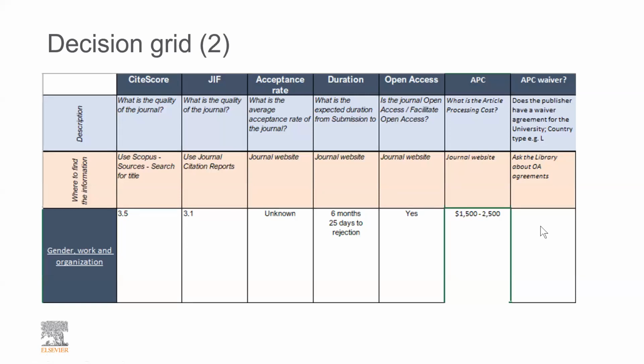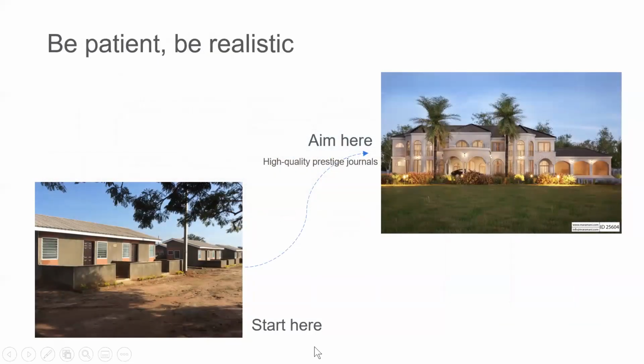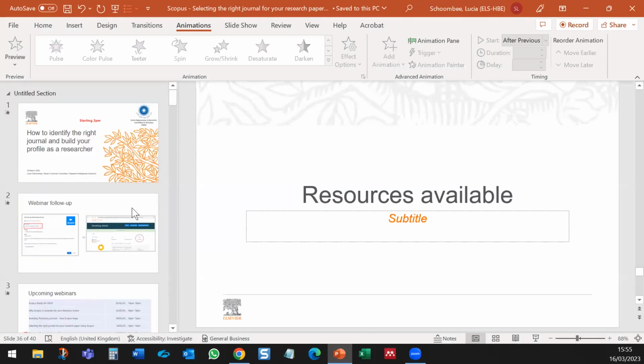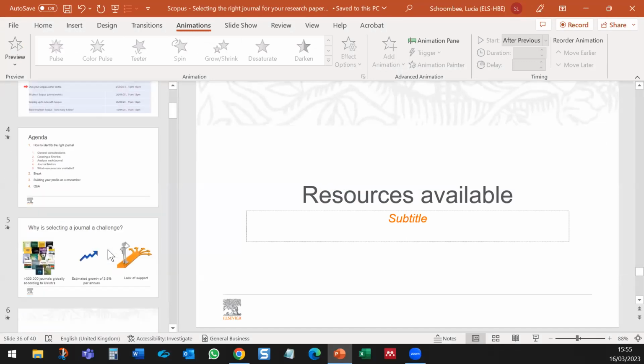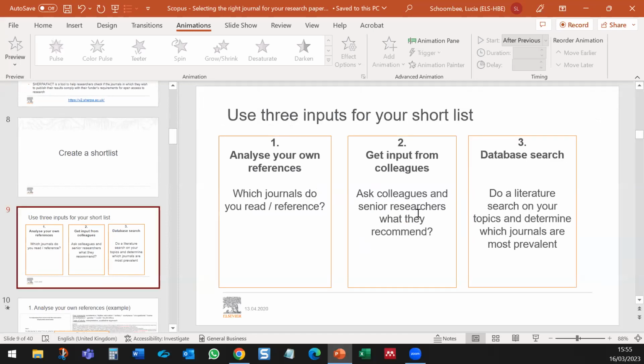So this is a decision grid that you can use when you are choosing a journal that is suitable for your manuscript, and you use it after the first step. Let me just scroll up. The first step that you took was to select your shortlist, so this is still your starting point.